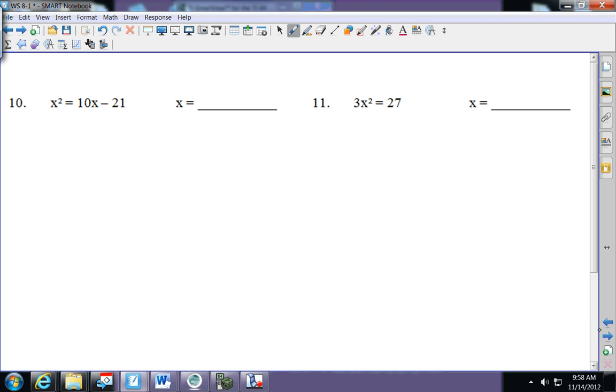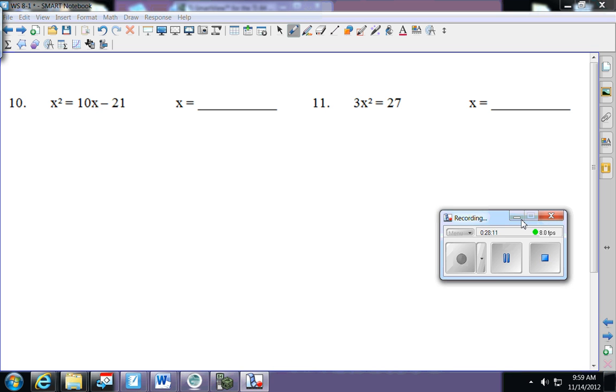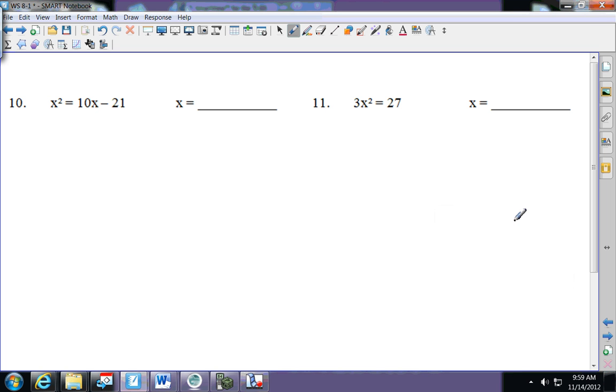All right. I'm going to pause for just a second. Put in there number 10 and 11 and find the solutions. Make sure they're in standard form first. Okay, on number 10, sometimes people try and move the x squared over. My suggestion to you is to always keep the x squared positive.